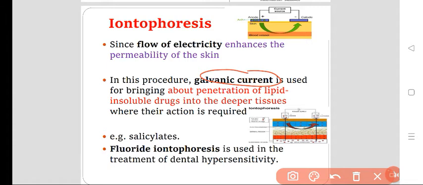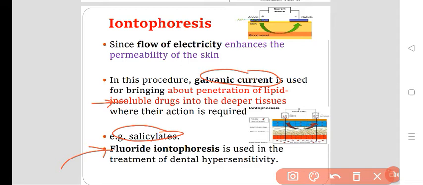Now in iontophoresis, current is used for what reason? Penetration of lipid insoluble drugs. Those that are lipid soluble will get directly absorbed. But what about lipid insoluble drugs? For lipid insoluble drugs, galvanic current is used for penetration where the action is required. In case of salicylates or fluoride, iontophoresis is used in the treatment of dental hypersensitivity, which is very common nowadays.